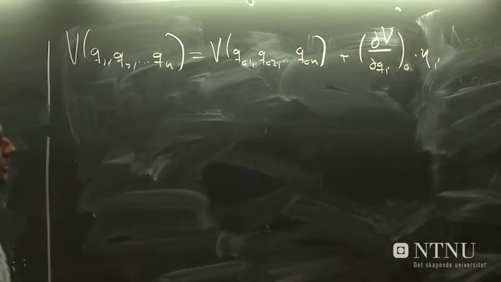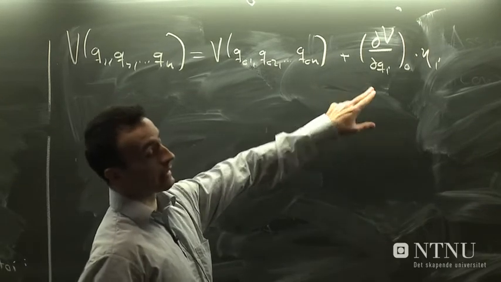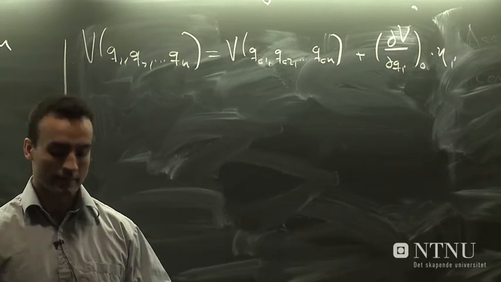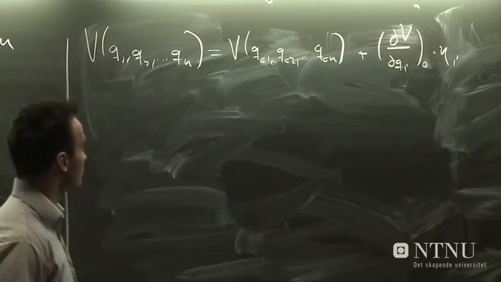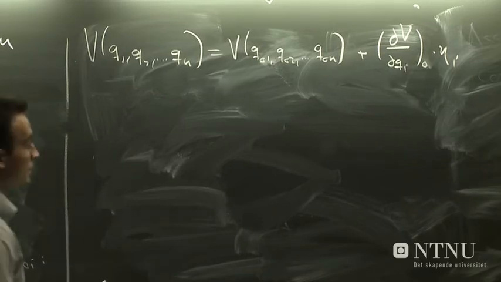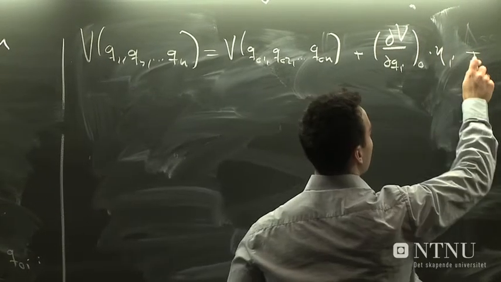The next order correction to this result is the derivative of the potential at the equilibrium point multiplied with this perturbation. We can take one more.